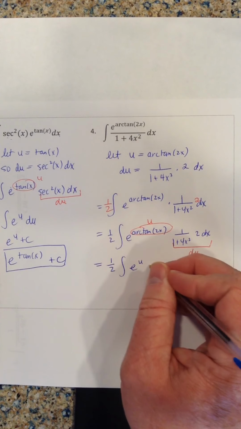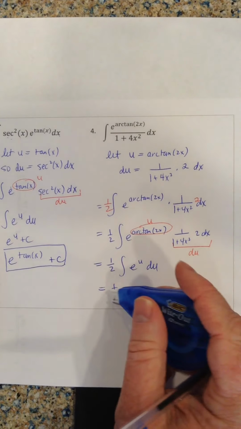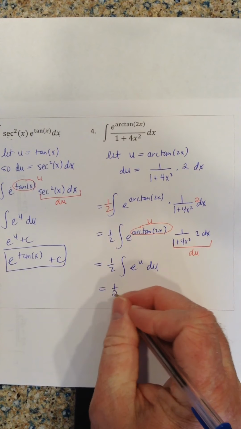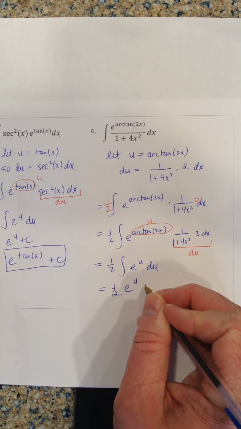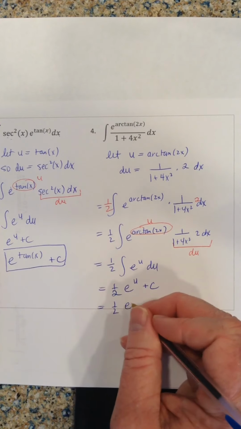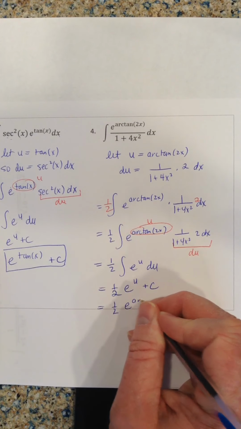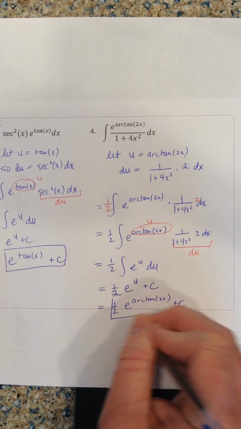So I get e to the u du, so I get 1/2. Let's fix that with our whiteout. So we get 1/2 e to the u plus c, or 1/2 e to the arc tan of 2x plus constant of integration c.